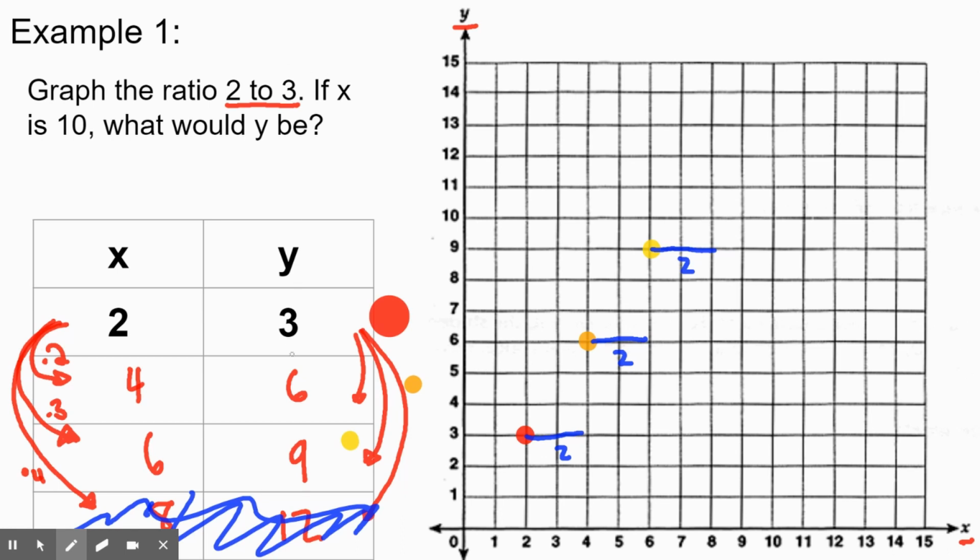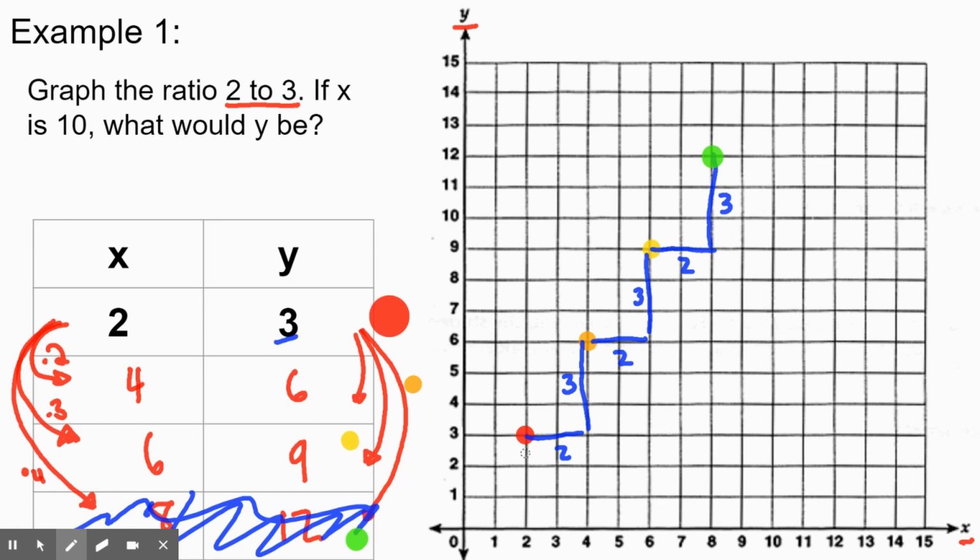Our y value was 3, and if we look here, we go up 3 spots. We go up here 3 as well. So that means that our next value should be going up by 3 again, which means that our next point, if we hadn't already calculated it, should be 8 and 12. And if we look over here underneath the blue scribbles that I just made, we can see it is indeed 8 and 12.